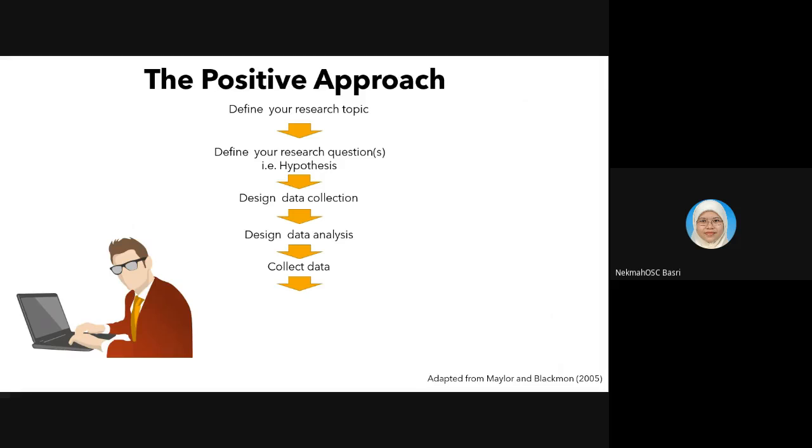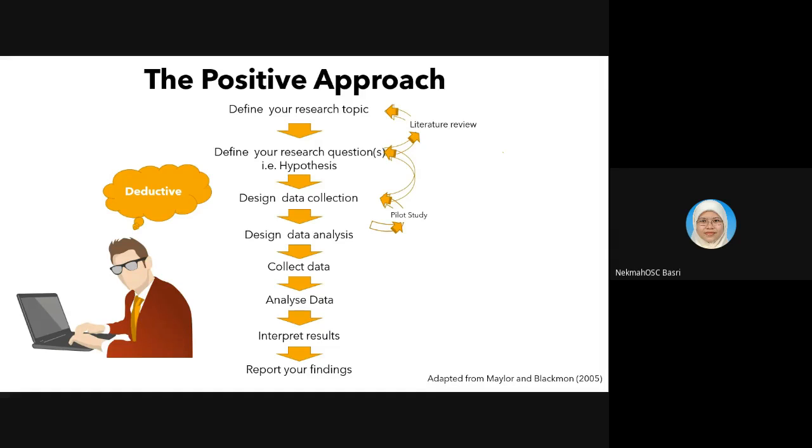After that, we collect the data, analyze and interpret the result, and finally report our findings. But along the way, we also have to do a pilot study and look at the literature review, what topic we are studying. This positivist approach we call deductive.